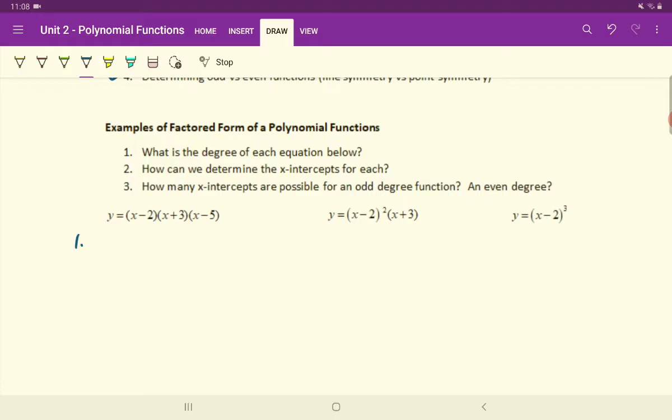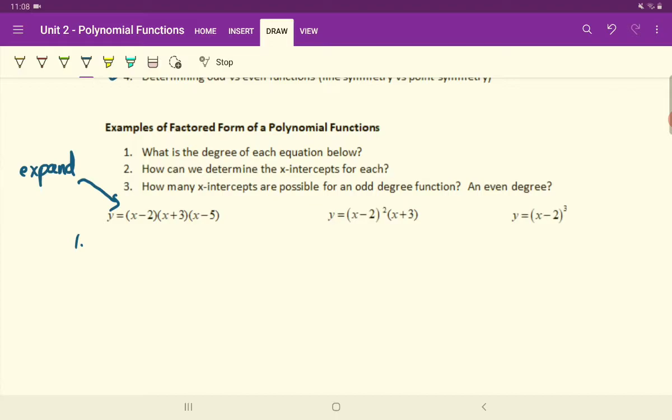But the way to determine it is simply expand this out and see what the highest degree is after you've expanded it out. See if you end up with an x to the 4 or an x cubed somewhere. Whatever your highest degree is, that's the degree of the equation, okay? Now, you can expand that out and that takes a lot of time, but there's a much faster way.